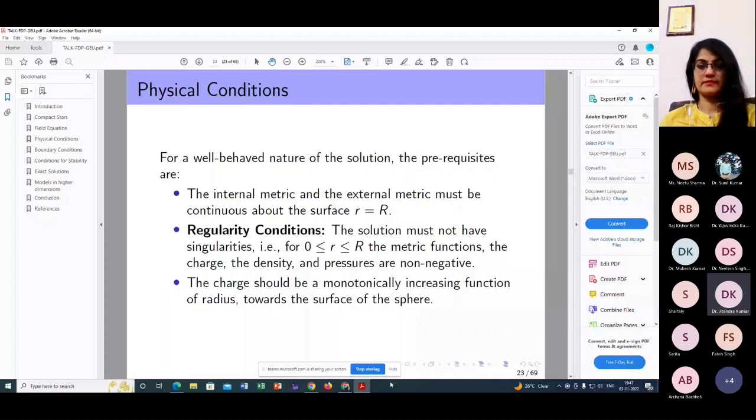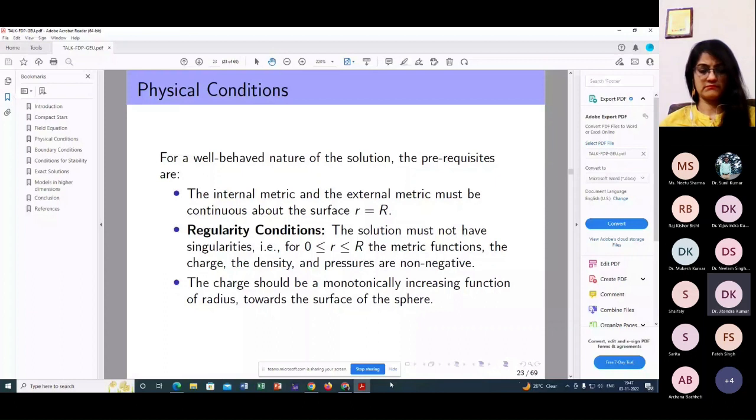Then the third one is that the charge function Q of r must be a monotonically increasing function toward the surface, meaning when we increase the radius, the value of the charge increases. Similarly, density and pressure are monotonically decreasing functions toward the surface. That is, when we increase the radius, the density and pressure decrease. So maximum pressure and density lie at the center of the sphere.